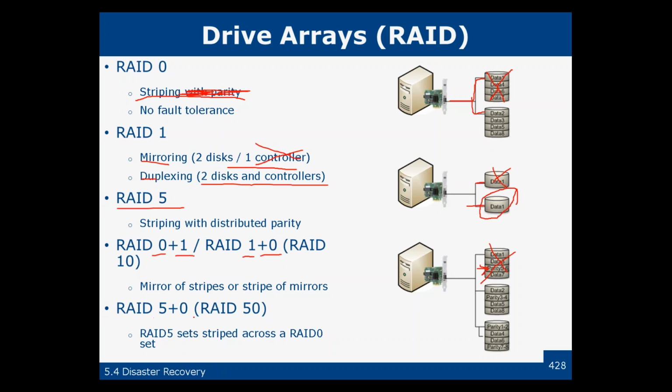RAID 5+1 is RAID 5 striping with parity, and then we're going to mirror it. So it's going to have a couple of layers of redundancy, the RAID 5 redundancy as well as the mirror redundancy or duplexing redundancy, depending on how many controllers that you have.